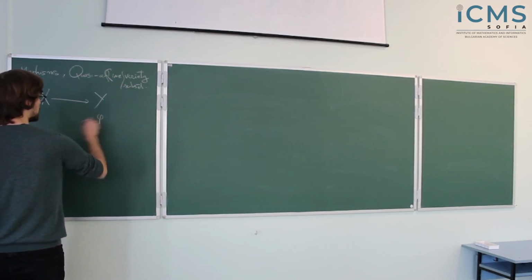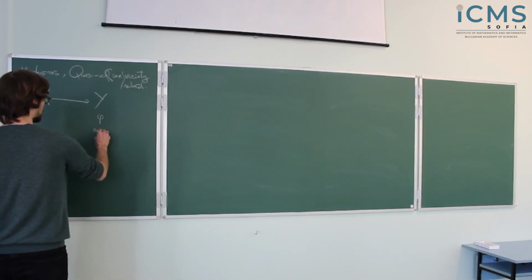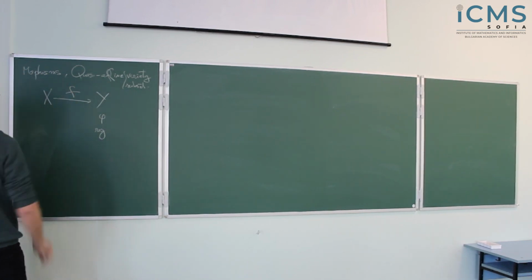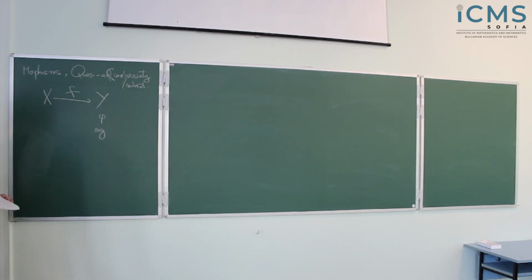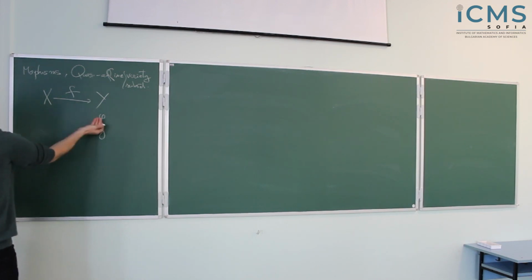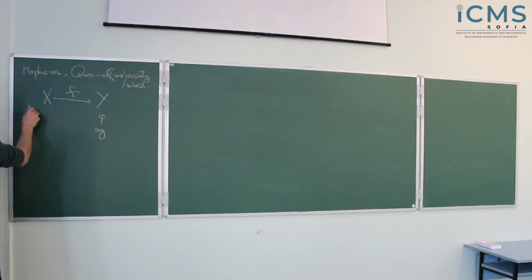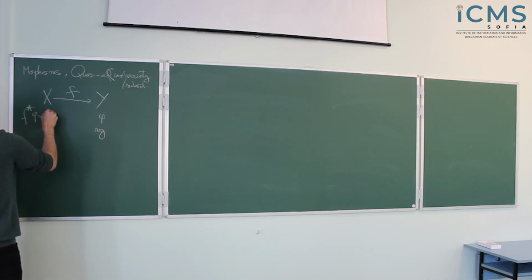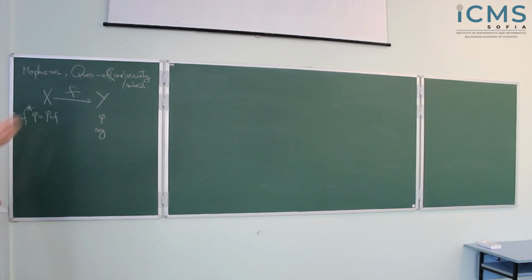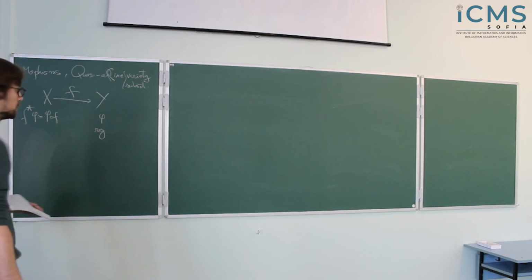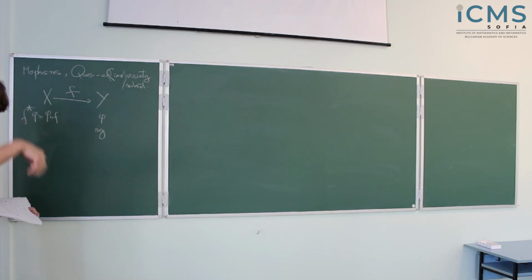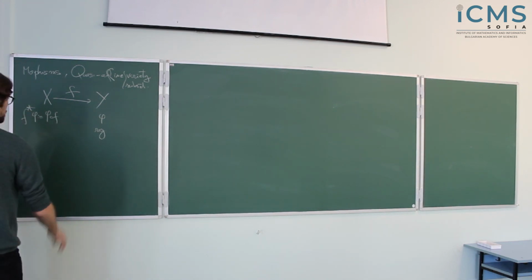basically by saying that if we take a regular function here, so let's fix these notations here like this, then we can pull it back. We remember that this is a notation for phi composed with f, restricted to the relevant sub-open set.